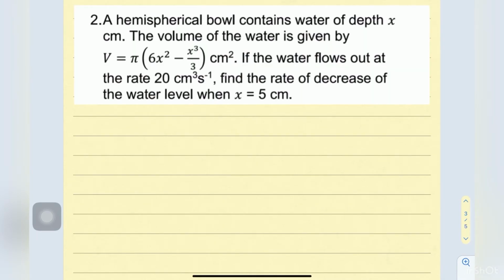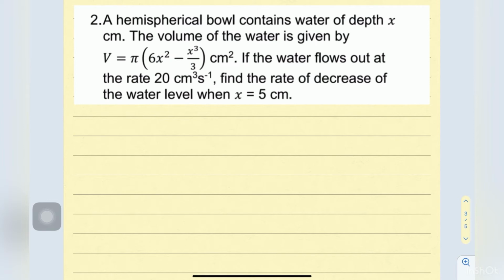Next, question number 2. A hemispherical bowl contains water of depth x centimeter. The volume of the water is given by V equals pi (6x squared minus x cubed) over 3 centimeter cubed.